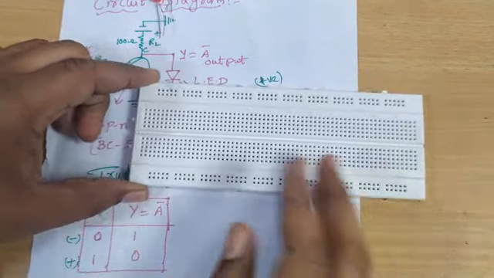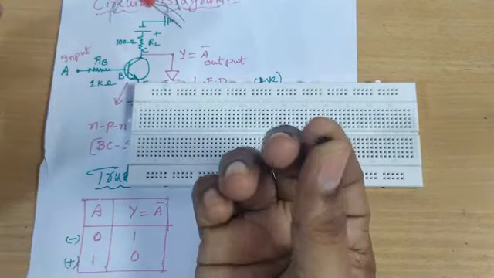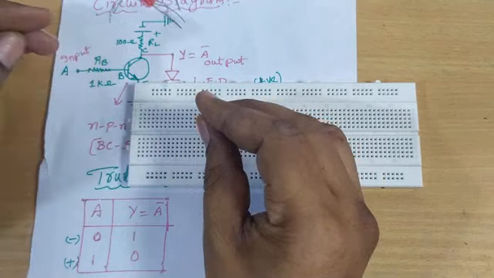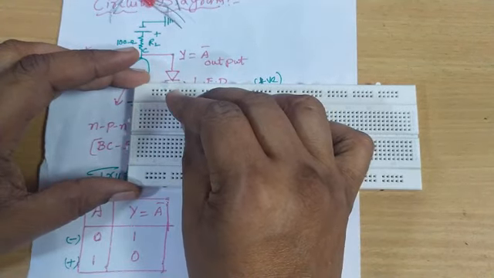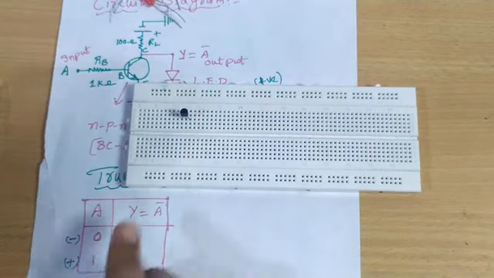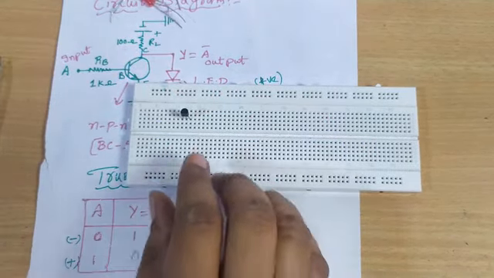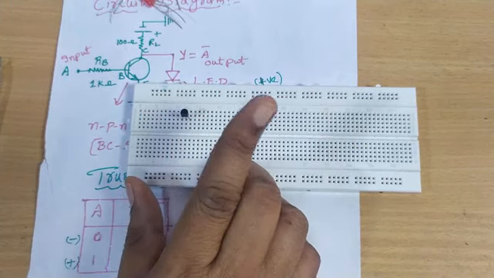This is a breadboard. First I am going to connect the NPN transistor BC547. I pin the transistor here, three pins: collector, base, emitter.